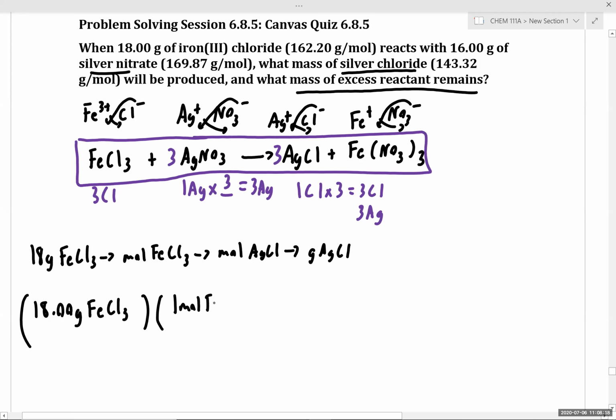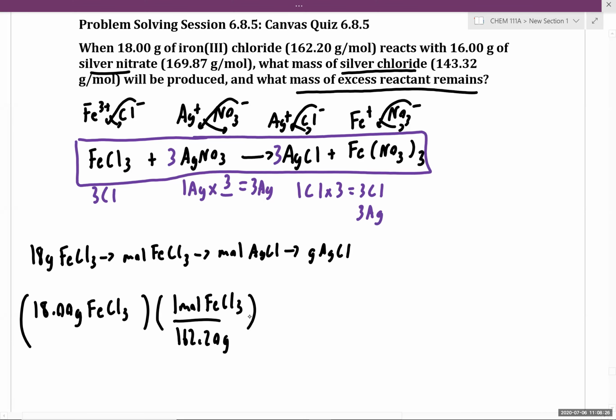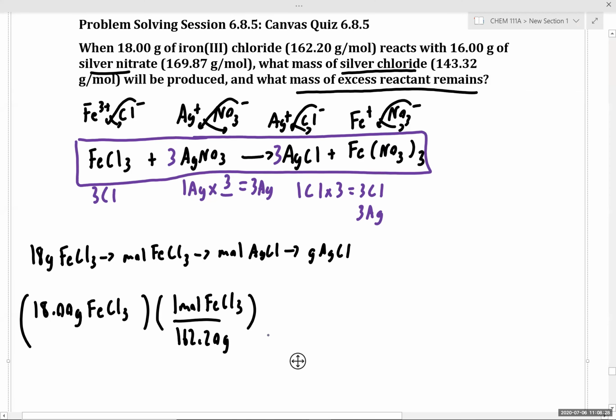We know in 1 mole of iron 3 chloride, we have 162.20 grams. In terms of our mole to mole ratio, how many moles of silver chloride do we produce per mole of iron 3 chloride?